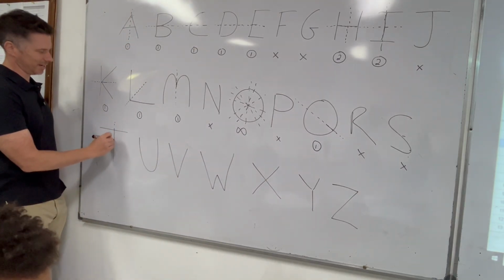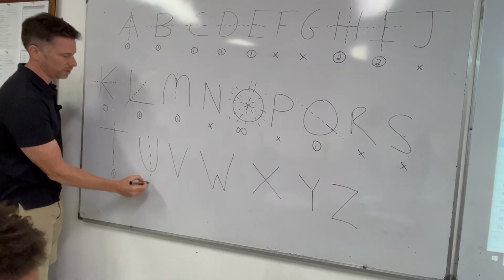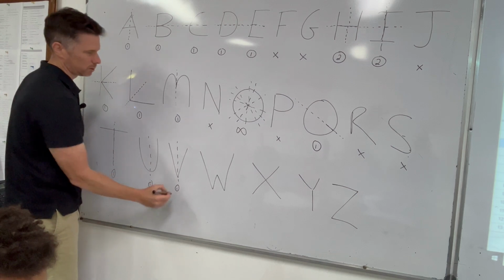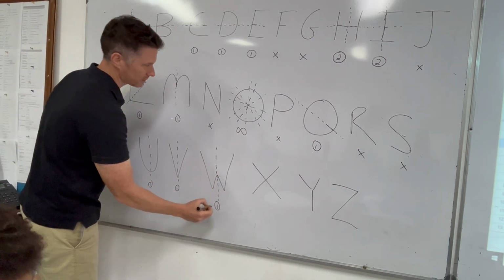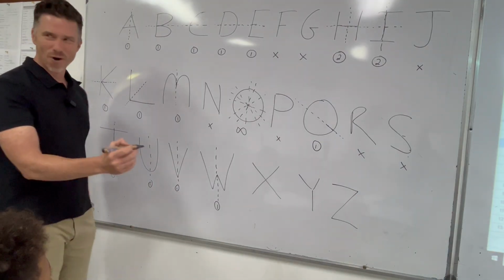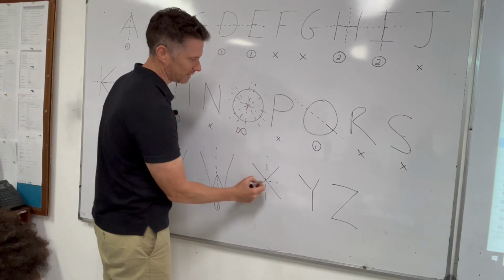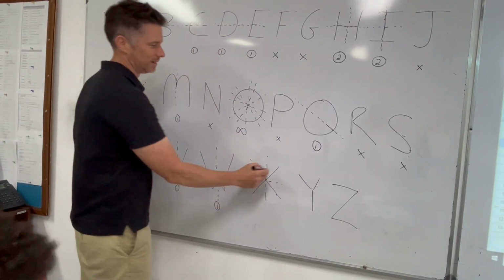This T has 1 if you draw it perfectly. U has 1 if there's no tail on it. V has 1. W, you can draw it with 1. X. 2. 4. 4, yes. If you draw it perfectly, you could fold it diagonally if all these are 90-degree angles.